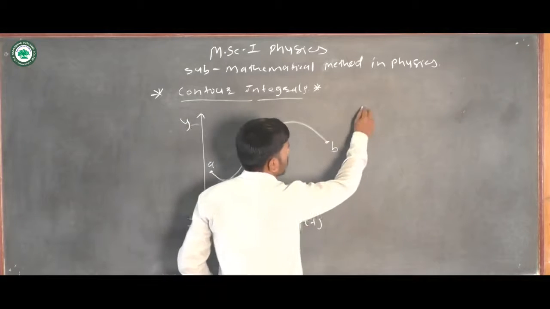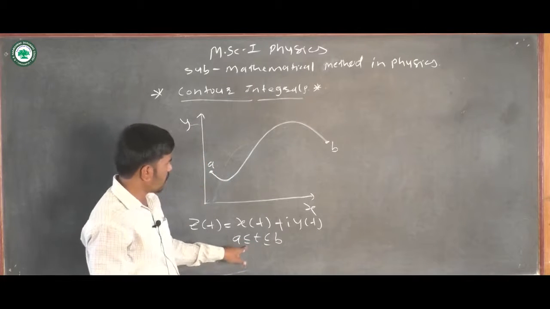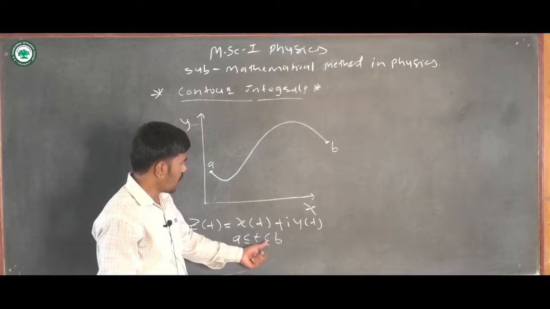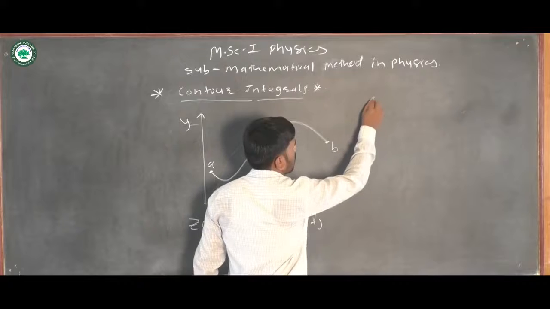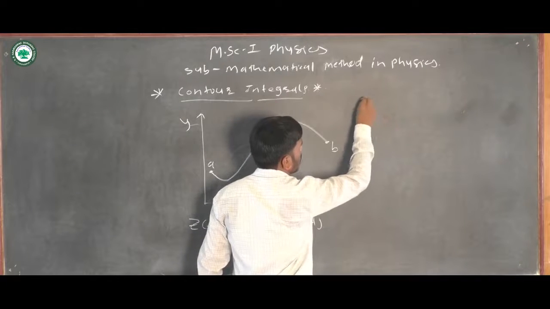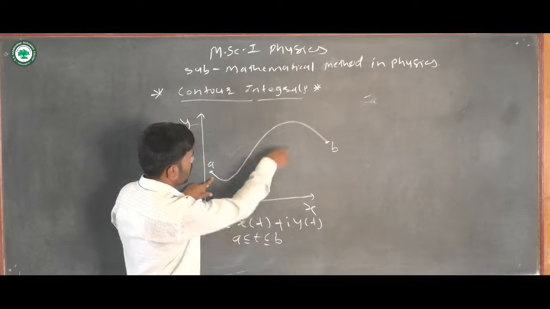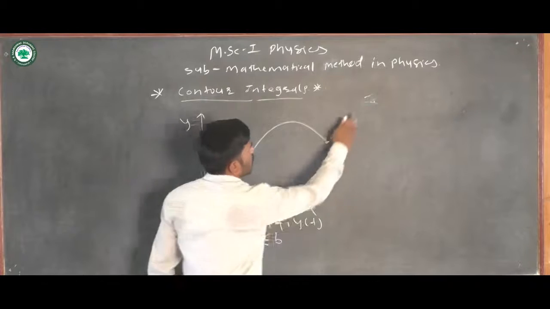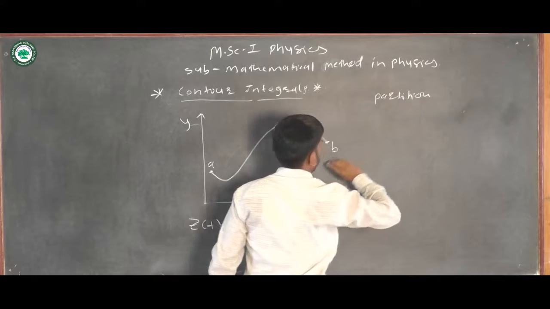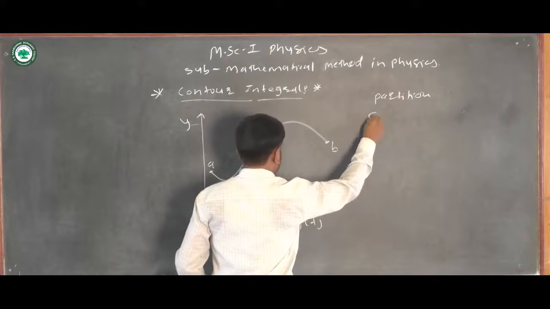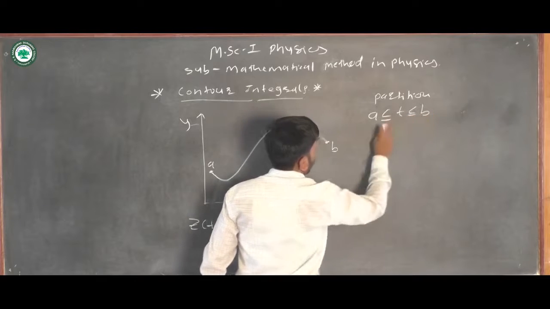Okay, so if this interval is a less than or equal to t, and t is less than or equal to b, so if I write this value for the interval, or partitions, if I make the partition of this curve from these conditions.